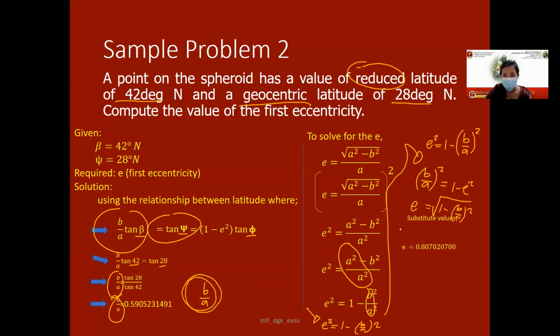Then substitute the values, and e is equivalent to 0.80702700. So this is now our answer. But you can directly substitute the values here, then you can get the value of your first eccentricity. Okay, so let's have another exercise. Let's answer this one.